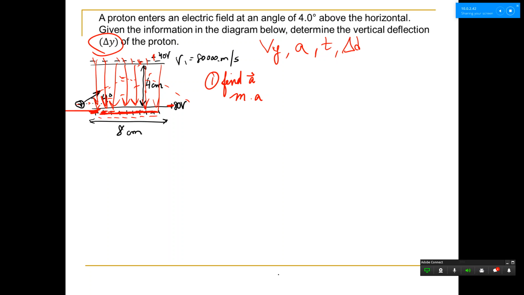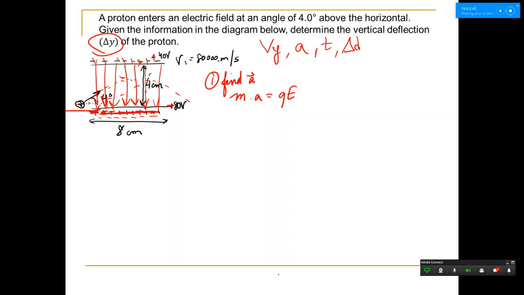So if it's electrostatic force that's causing acceleration, then I could write my expression for electrostatic force right there. But we have two expressions for electrostatic force. One that depends on the two charges, but then there's the one for the parallel plates that we talked about from last class. You guys remember what it was? QE, yes, absolutely.